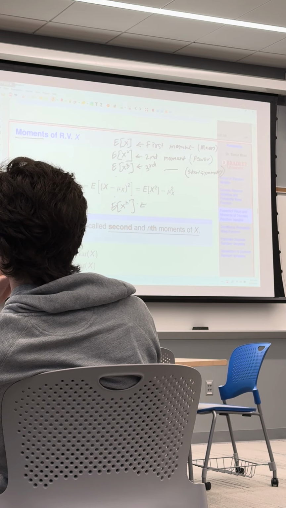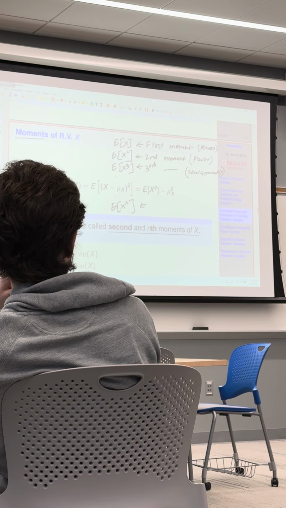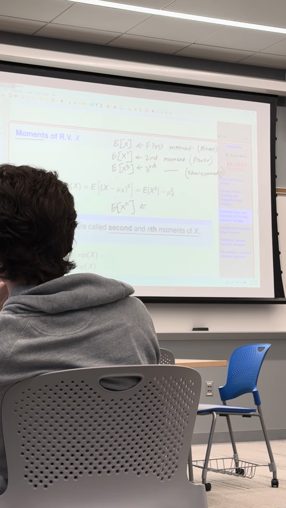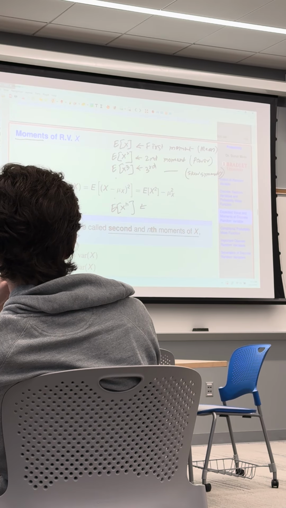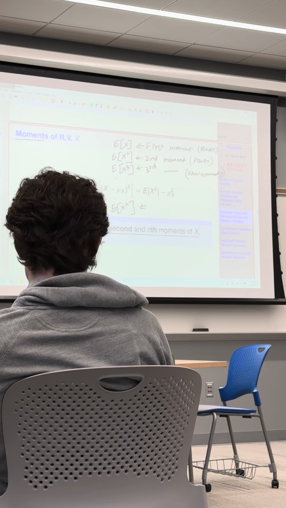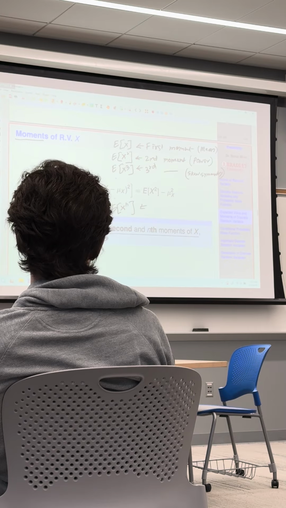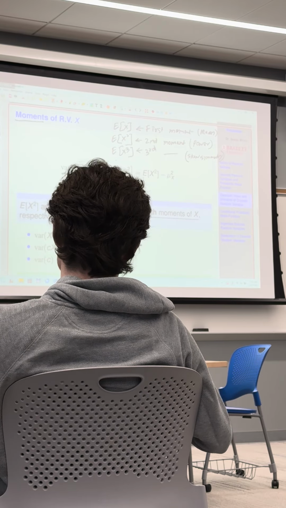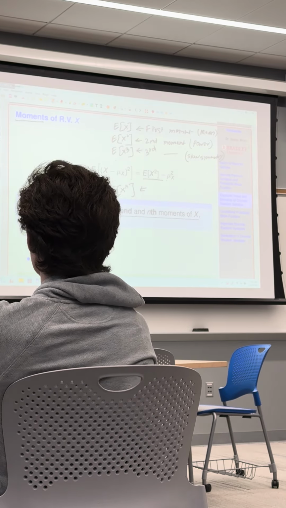Now we are going to utilize these moments to compute the variance. When we define the variance, it utilizes the expectation operator on x minus mu sub x squared. Now I am going to quickly write down how I wrote this expression.